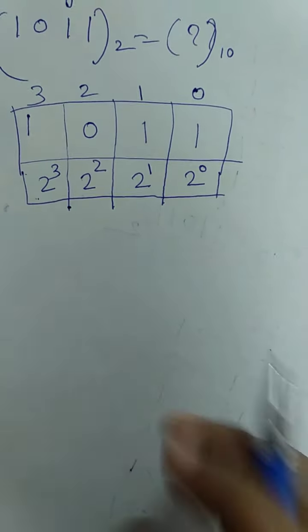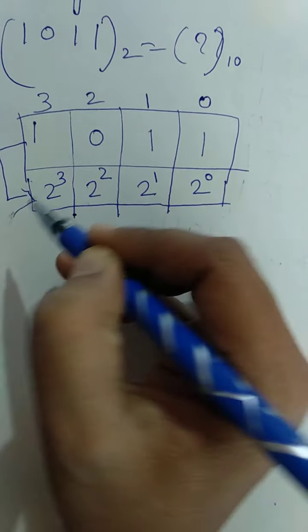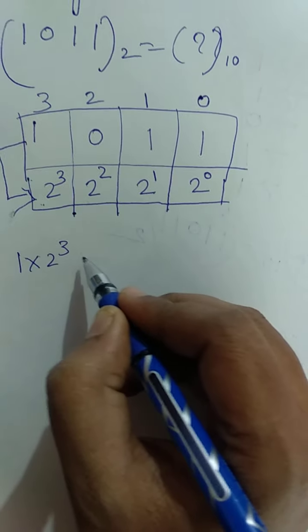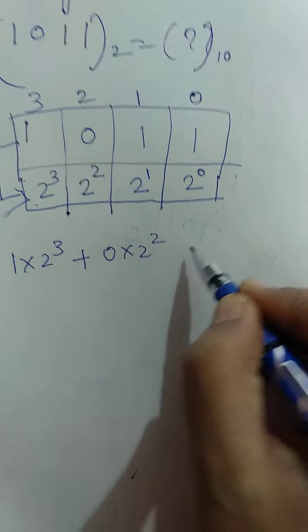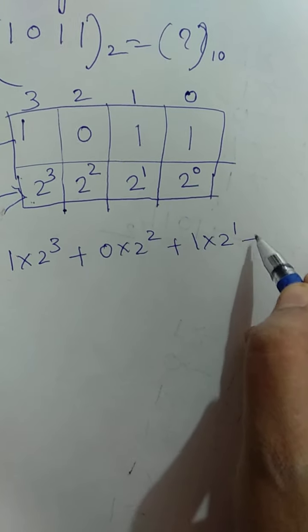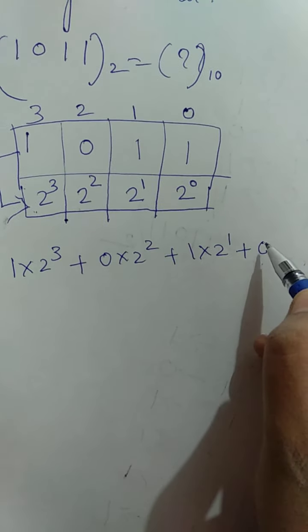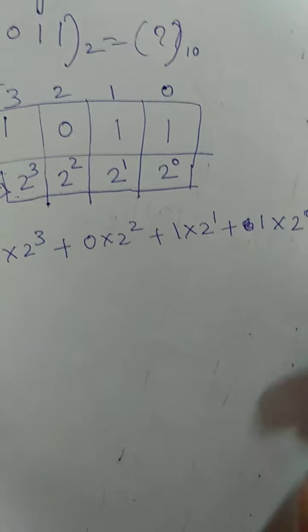Next, multiply these numbers with these values. So 1 into 2 raised to 3, plus 0 into 2 raised to 2, plus 1 into 2 raised to 1, plus 1 into 2 raised to 0.